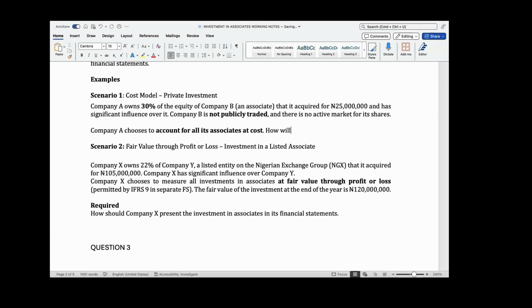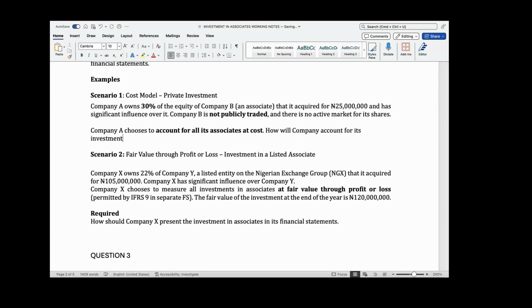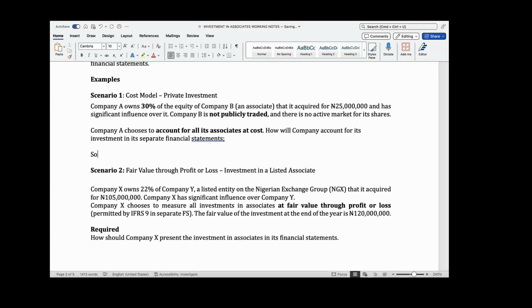So how will company A account for its investments in its separate financial statements?